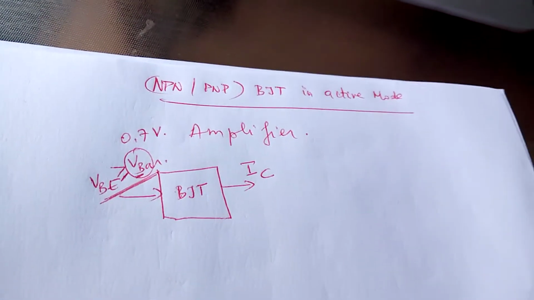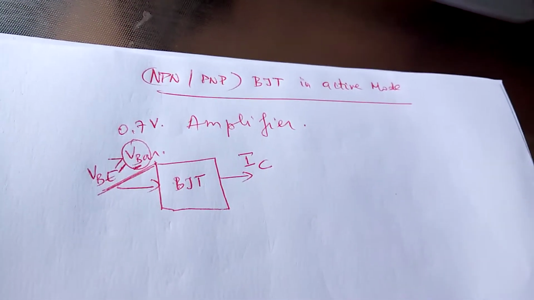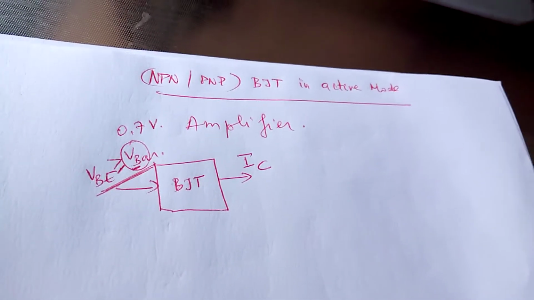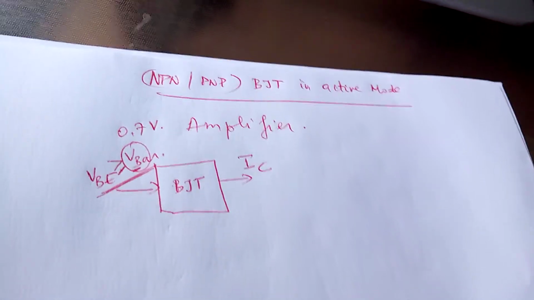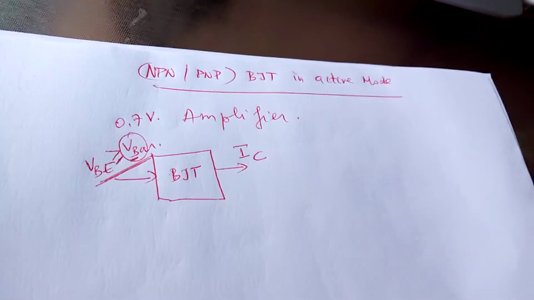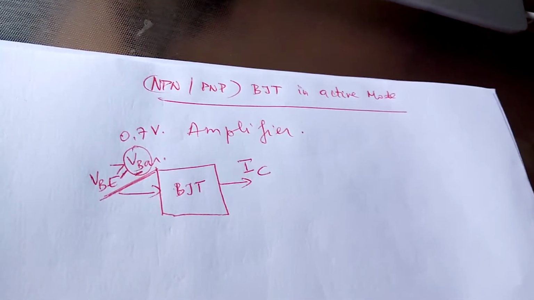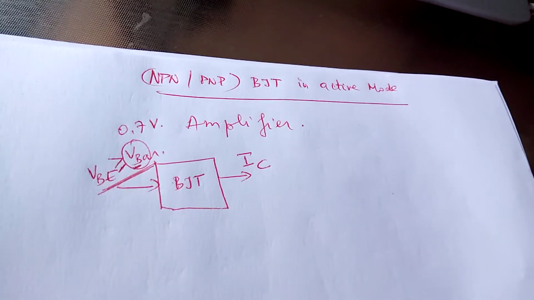So naturally, a transistor, when operated in active mode, meaning with the EBJ junction forward biased, meaning VBE applied across it, or VEB if it's a PNP, being a voltage higher or equal to 0.7 volt, while the CBJ junction is reverse biased, naturally generates a collector current.